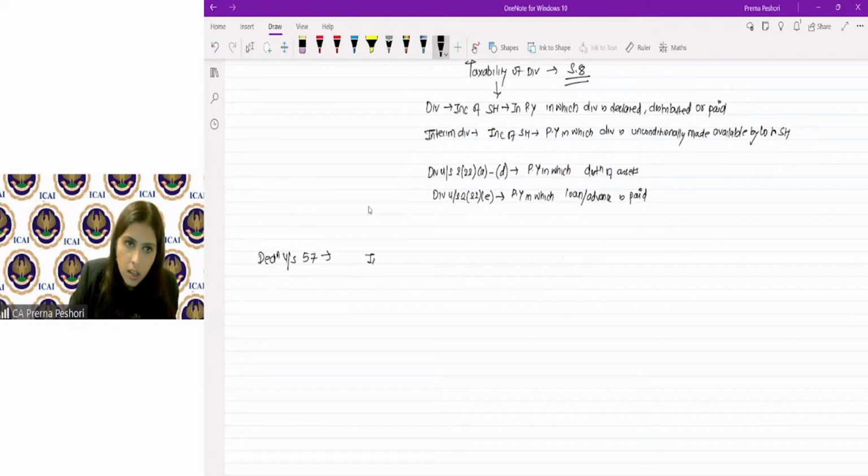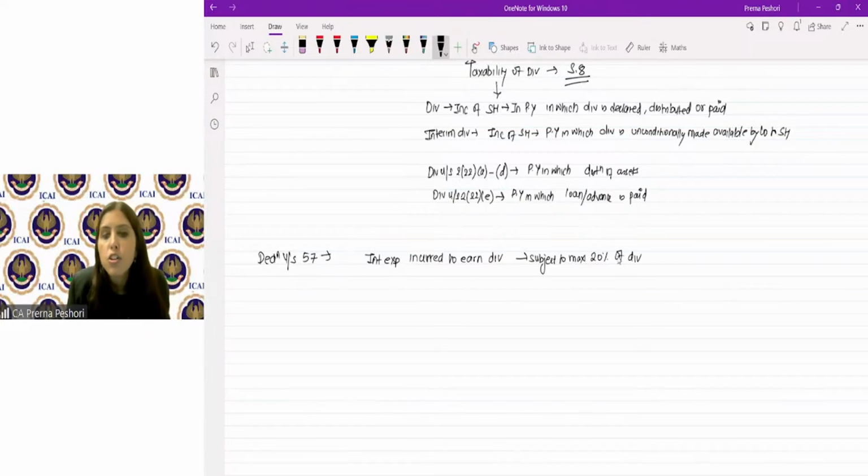So, interest expenditure which is incurred to earn dividend is allowed as deduction under 57, which is subject to maximum 20% of dividend. Subject to maximum of 20% for the dividend. Clear? Any question? Any doubt?